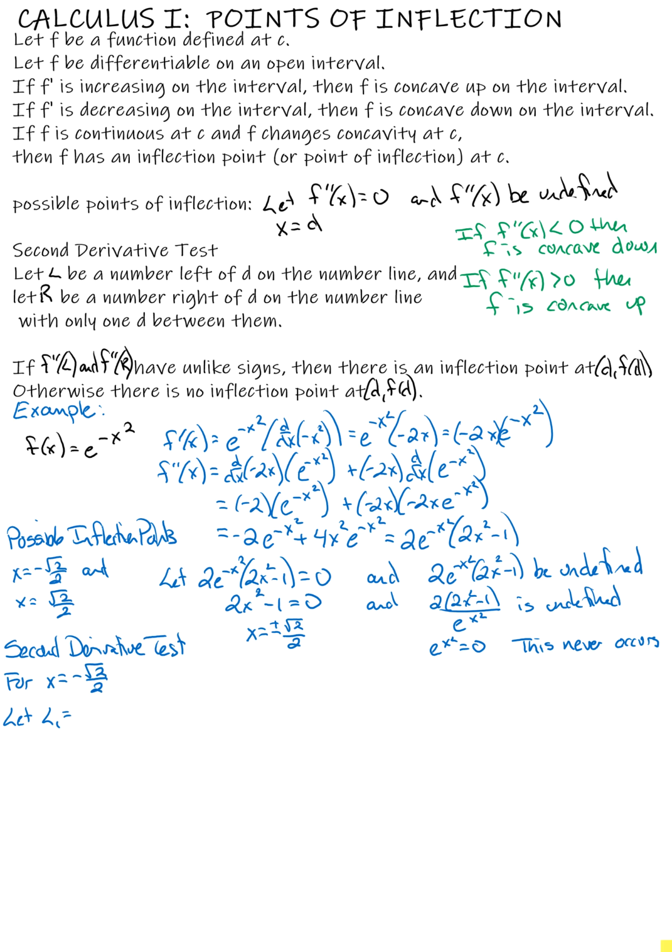I think negative 1 would work really well. Remember, to the left, I go smaller on the number line, in the negative direction. And to the right, I need something bigger than negative square root of 2 over 2. A really nice thing that's bigger than any negative is 0, and there's no problem with that. Notice my other possible inflection point is bigger than 0.